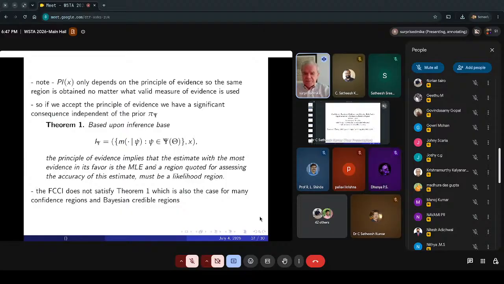That implies that the estimate with the most evidence in its favor is the MLE. And if I'm going to quote a region for assessing the accuracy of the estimate, it must be a likelihood region. And the reason for that is if I don't report a likelihood region, then I know there is no prior out there, even if I don't like priors, that would give me that region back as being the region where there's evidence in favor of those values being true.